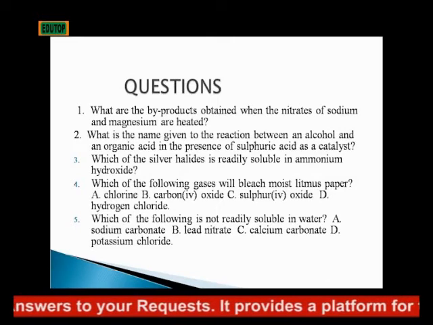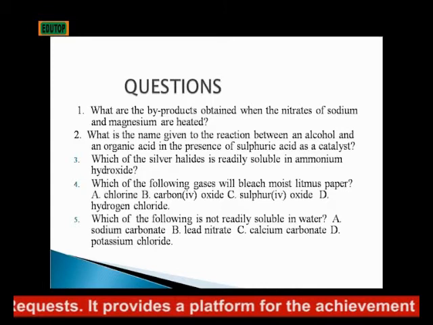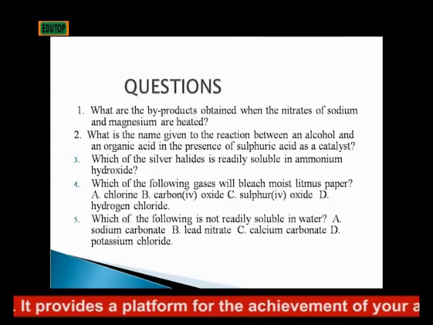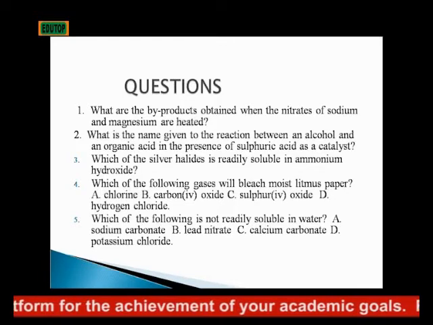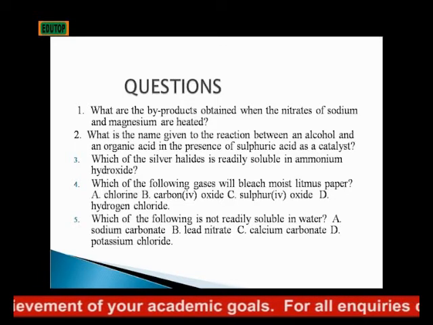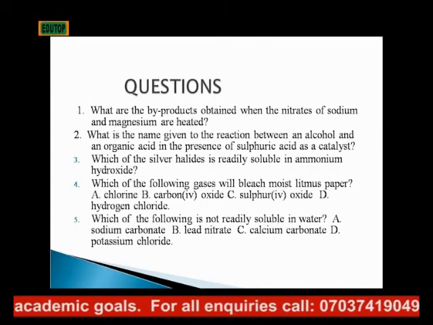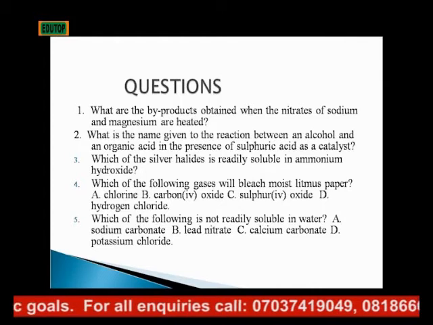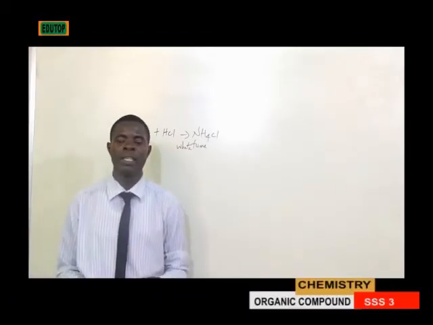Which of the silver halides is readily soluble in ammonium hydroxide? 4. Which of the following gases will bleach moist litmus paper? 5. Which of the following is not readily soluble in water? Answers designed for this topic.